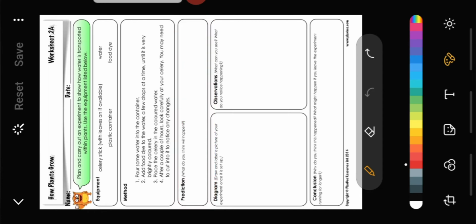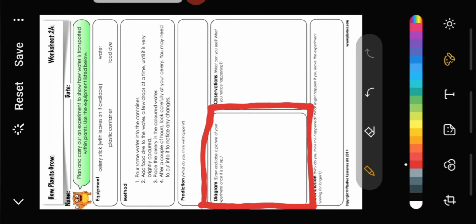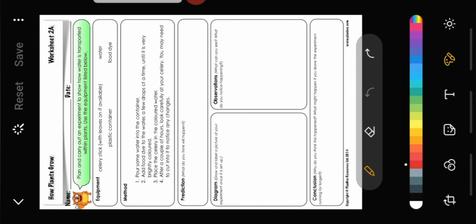Okay, and then you're going to draw a little diagram. It doesn't have to be that neat. Just a little diagram of what we've done. It's got a glass with the food dye and the celery. And then you're going to wait. And if you're not doing the experiment, you're still going to wait. And then you're going to check my video later and I'm going to show you what happened to mine.